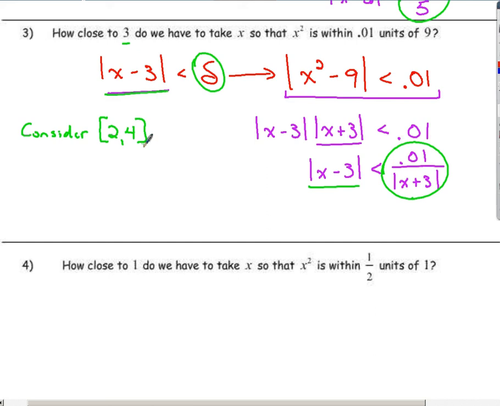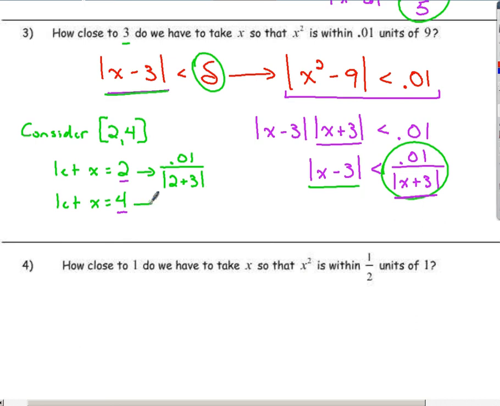If you consider that interval, we're going to let x equal the start of that interval, 2. We're going to let x equal the end of that interval, 4. And we're going to take those numbers and plug in to this expression we got over here. So if you plug in, you've got 0.01 over the absolute value of 2 plus 3.